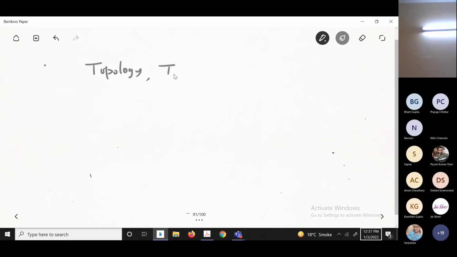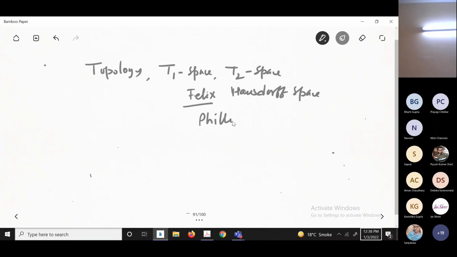You have defined T1 space, T2 space, which is also called Hausdorff space, after Felix Hausdorff. So now this is the main thing: we got the topology on that.